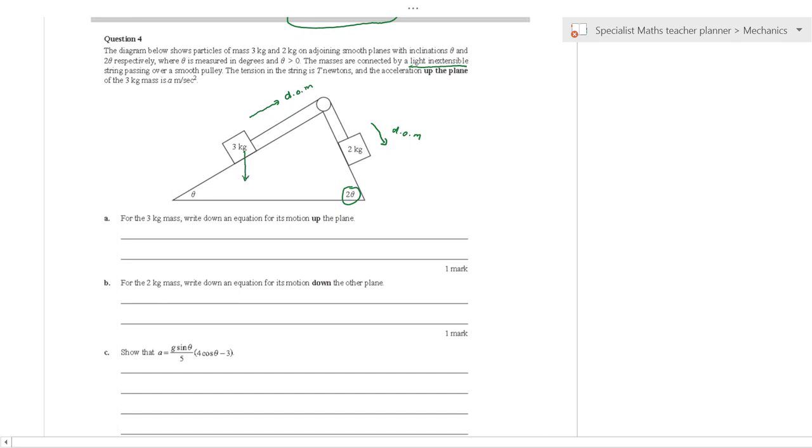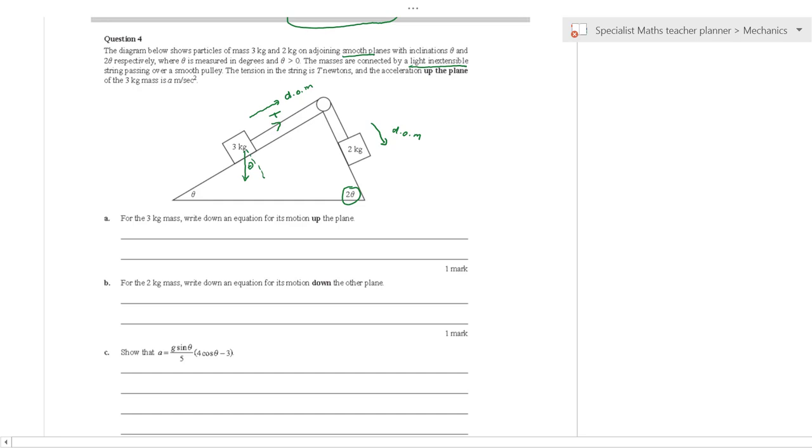So we know that this is theta. Now you've got to be careful. We don't know what theta is. We've been told that it's tension T, and we've also been told that it's a smooth plane, so there's no friction.